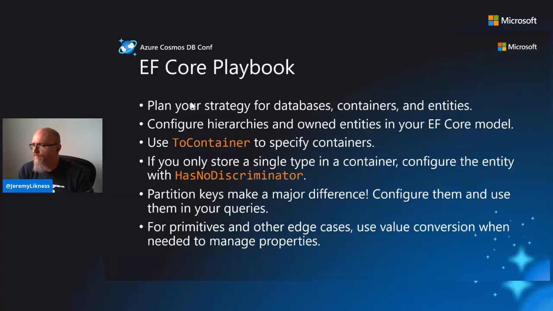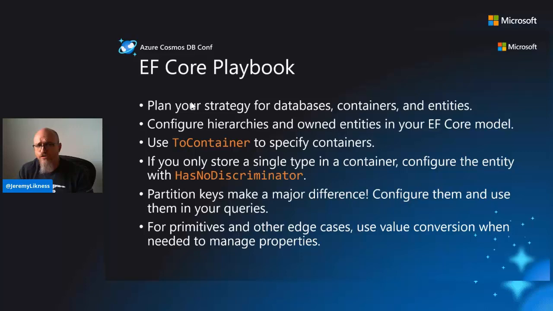Those are important. You want to make sure you configure your hierarchies correctly, because the last thing you want to do is have family, pets, children in different containers, and suddenly you have an overhead of joining those different containers together when they should just be owned entities. So you have that option to configure it.